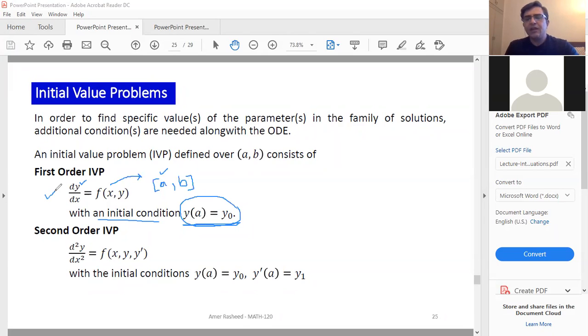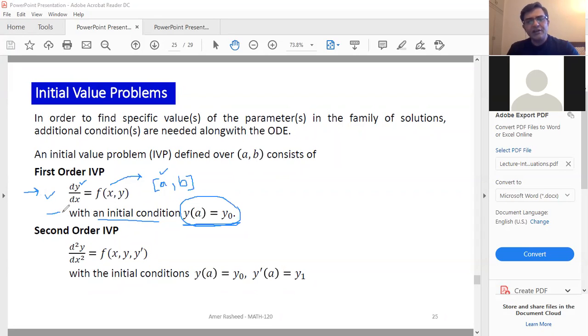For example, in physics, if a car is moving, then we can find its displacement or velocity. This kind of differential equation can express the velocity of a moving car, or if we throw a ball, it can represent the velocity of the ball.